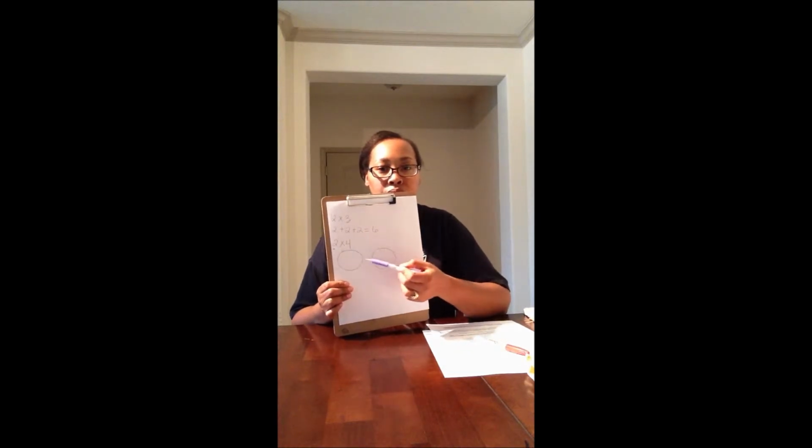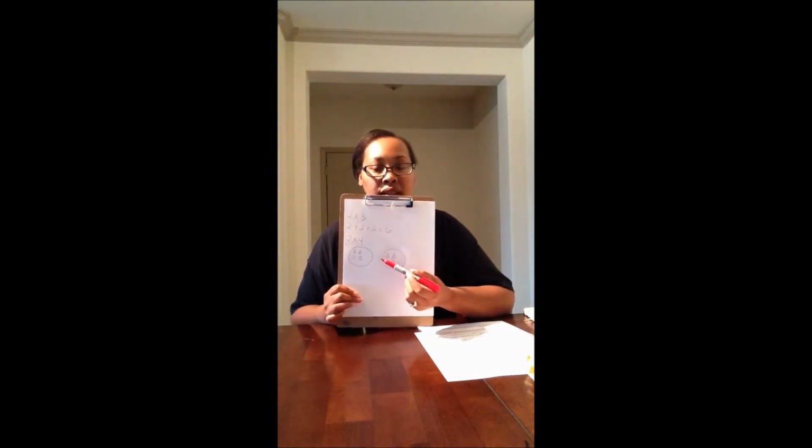So, we have 2 equal sets of 4. What we'll do is draw 2 circles, and that represents our first number, 2, right? So we're going to have 2 sets, 2 equal sets of 4, and there will be 4 in each set. So we'll just draw 4 triangles in each set. Okay?